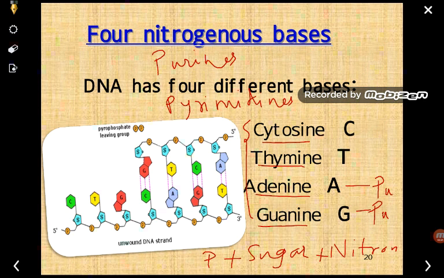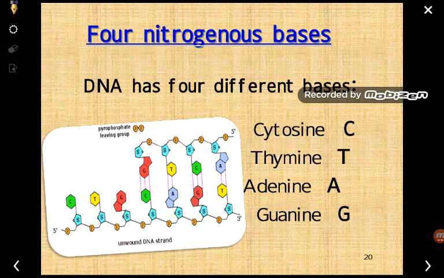Adenine and guanine, these purines, are double ring compounds, whereas cytosine and thymine are single ring compounds. So cytosine and thymine are the single ring compounds, and adenine and guanine are the double ring compounds.